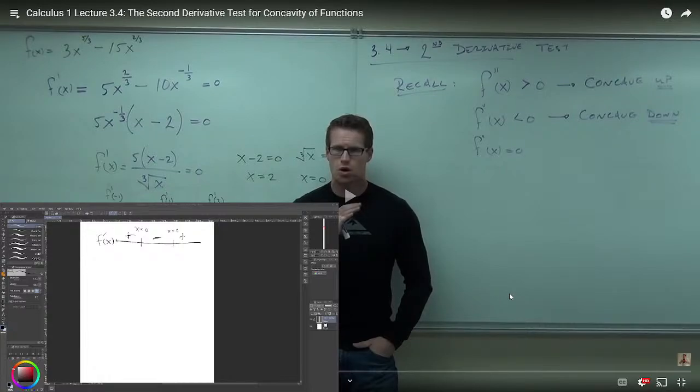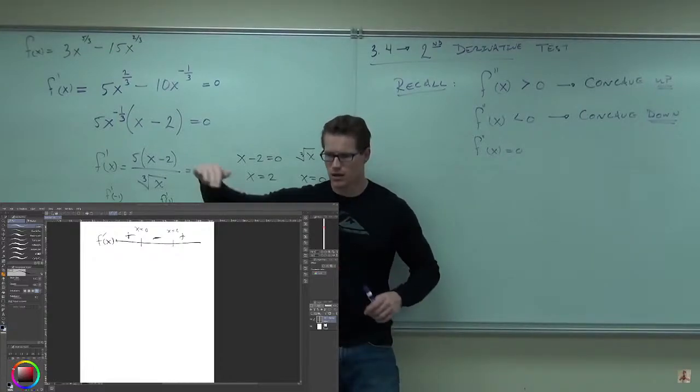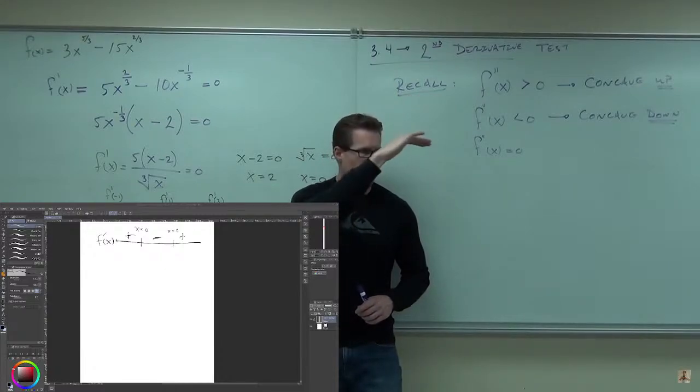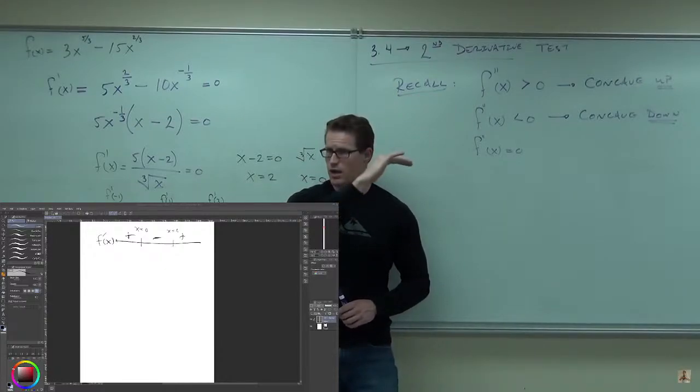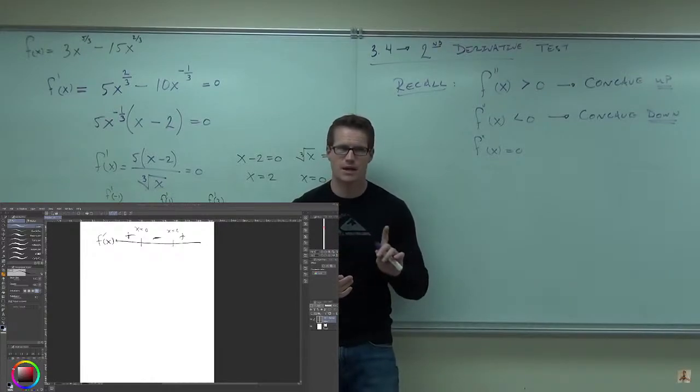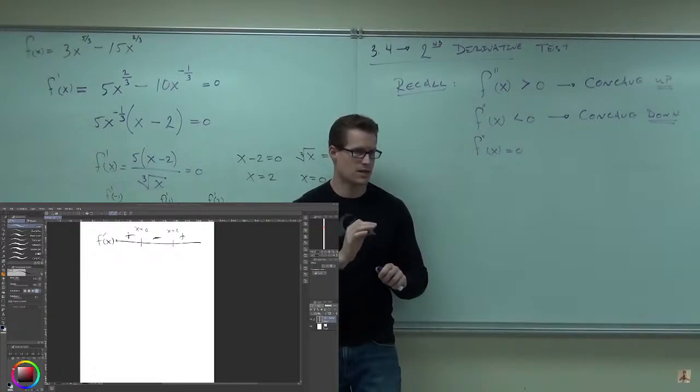What you call that when you switch from concave up to concave down, which we can do, right? Concave up to concave down, that's a switch. Somewhere in there, the second derivative must equal 0, right? That could be a switch in concavity. Does it have to be? Not necessarily, you need to check for it. But it's a possible concavity change.